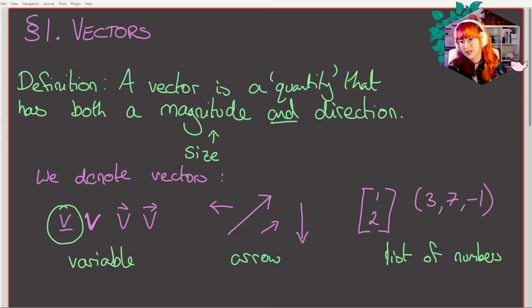And I think they're really nice ways to interpret them. Sometimes you want to think about the elements of a vector, those individual numbers in the lists. Sometimes you want to think of it in terms of geometry, arrows and shapes, and that can be the most intuitive way. And sometimes you just need it to be something inside of an equation, and that's where the variable notation can really come in handy.